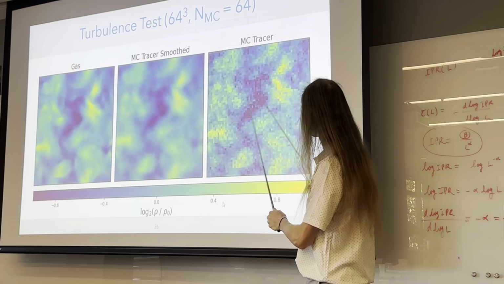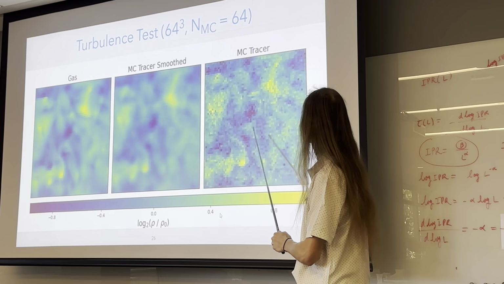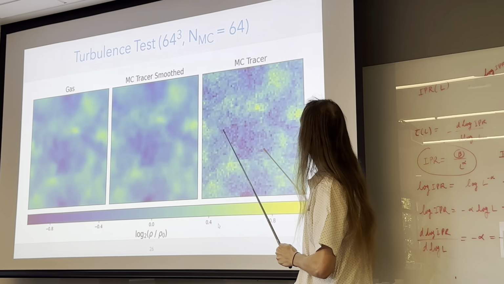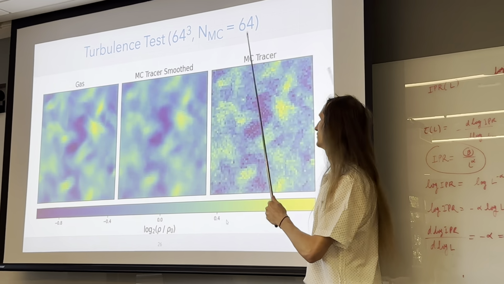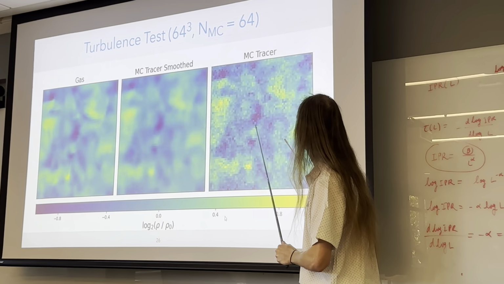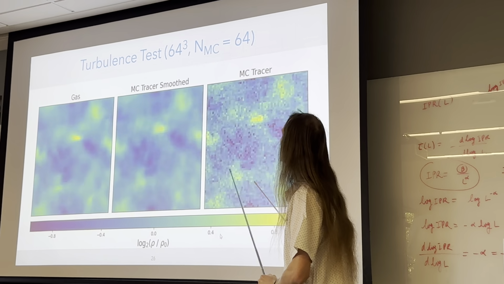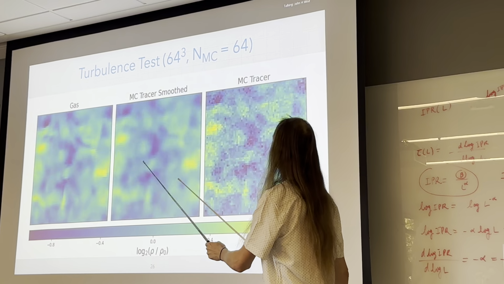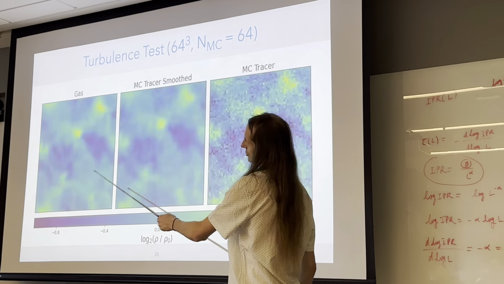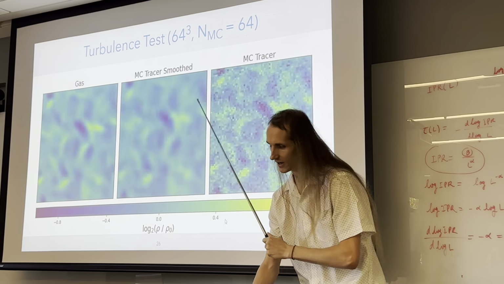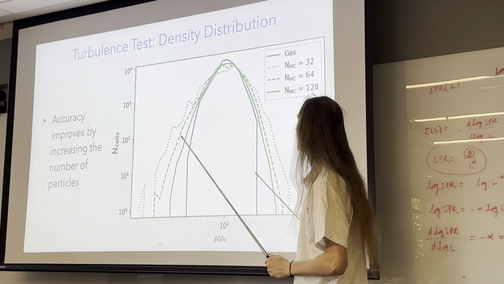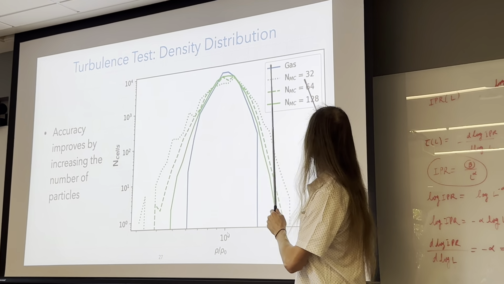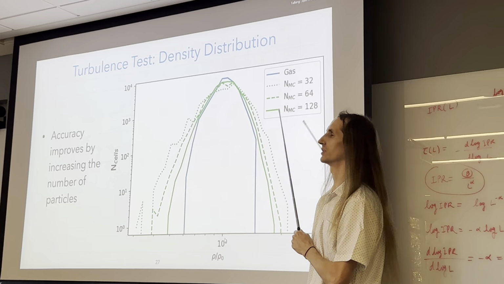Now, of course, you'll immediately notice that it's grainy on small scales. This is noisy data. This is actually expected, well understood, and not much of a problem necessarily. You can smooth these data with a small Gaussian smoothing kernel, and then you get a nearly perfect recreation of the density field. Furthermore, you can increase the accuracy of the particles by just increasing the number of particles you're using per cell.